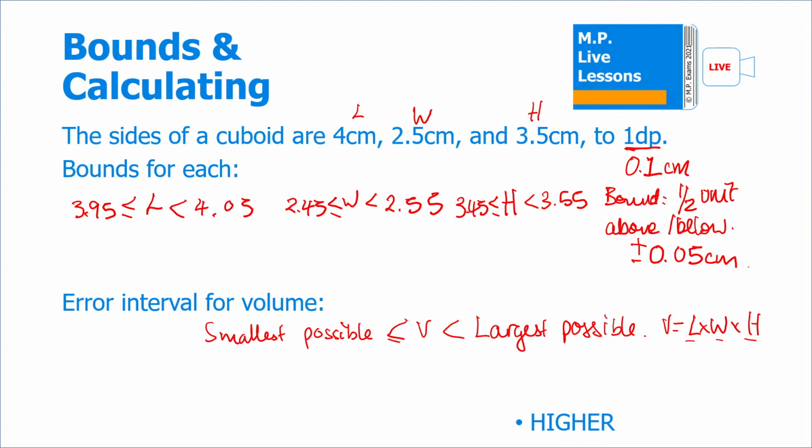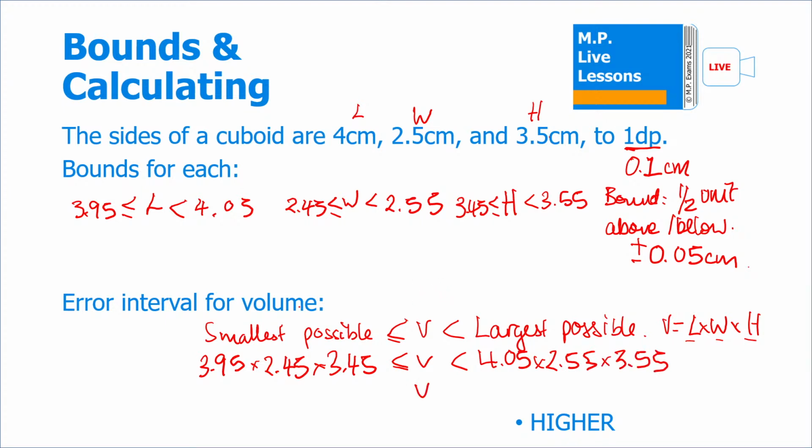For example, to get the lowest volume, you'll do 3.95, the smallest length possible, times the smallest width possible, multiplied by the smallest height possible. Then for the largest, you'll have 4.05, the largest length, multiplied by 2.55, the largest width, times 3.55, the largest height.